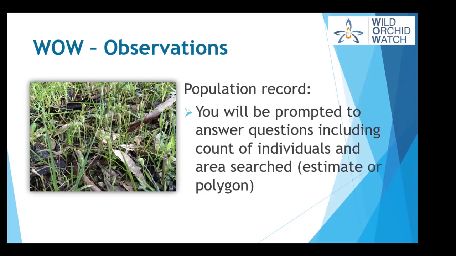So you'll be asked about the population records, so just do a rough count, see in your mind a particular space and say, well, I see 20 orchids in this spot or whatever. And you can select the size of the area you're looking at.